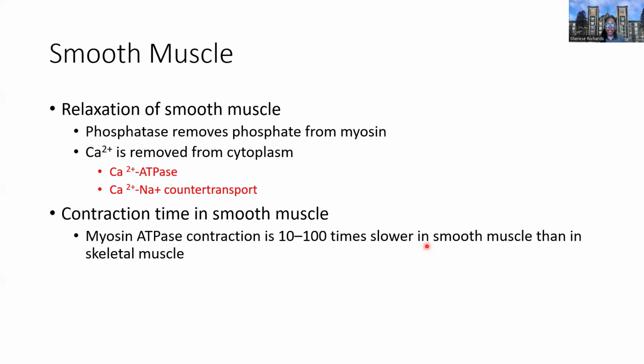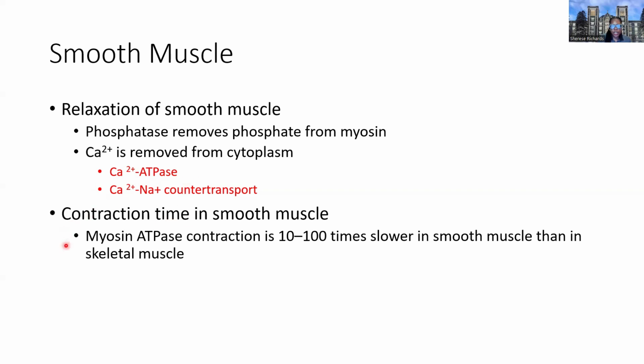Remember, countertransporters are going to move calcium in the opposite direction by using the energy harnessed from moving sodium in its natural passive direction. So that is going to be another mechanism for getting rid of some of the calcium from the cell. And so that is how we can unphosphorylate the myosin head, and then the muscle can relax.